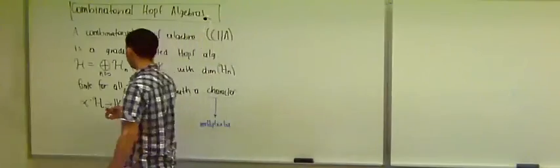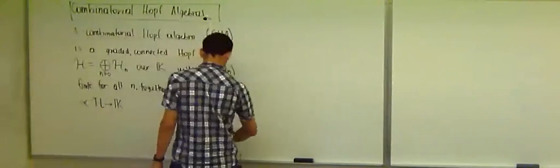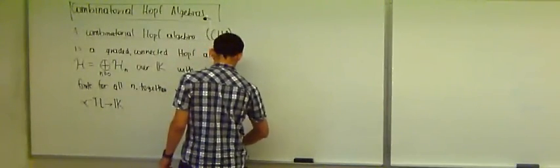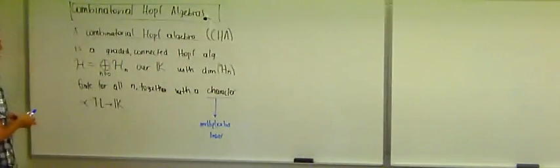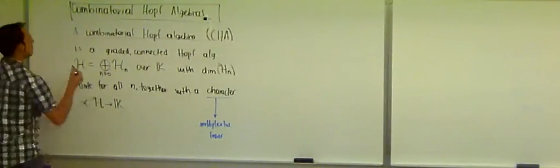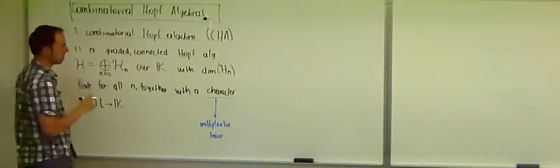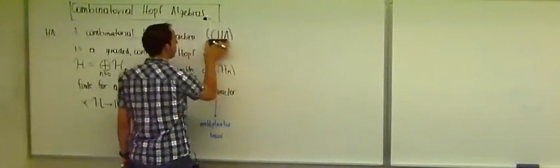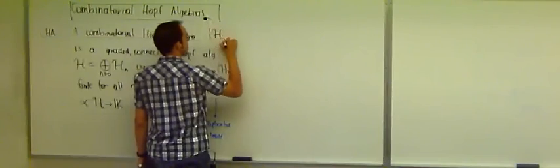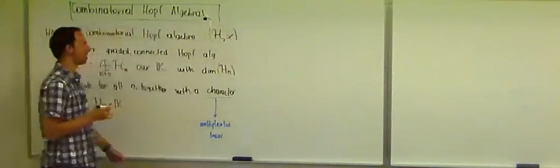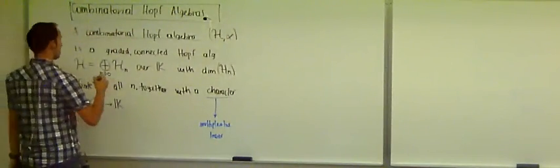Well, it needs to be multiplicative, but it also needs to be a linear function. So this is going to be our definition of combinatorial Hopf algebra, and we're going to denote it by (H, alpha), to remember that the character is part of the definition.